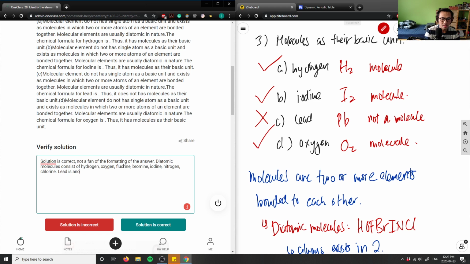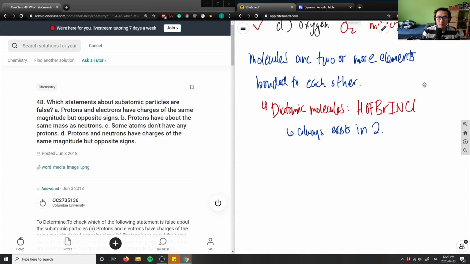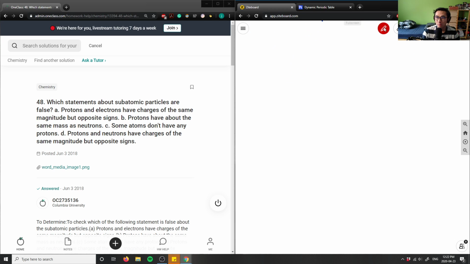Lead is not a diatomic molecule, while the rest are. So the solution here is correct. Awesome. Let's look at question 4.